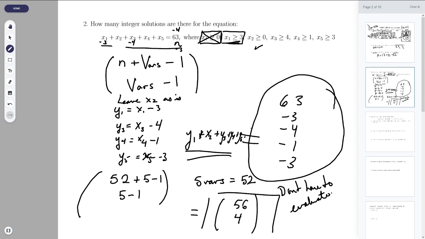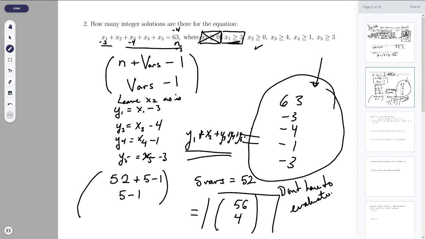All right. Cool. Any questions or comments about this problem? I think you guys have seen this problem before, so it shouldn't be terribly surprising. Yeah, so the 52 came from this big circle here. Remember that every time we create these new variables, we have to subtract off, for instance, 63 minus 3 for the x1.